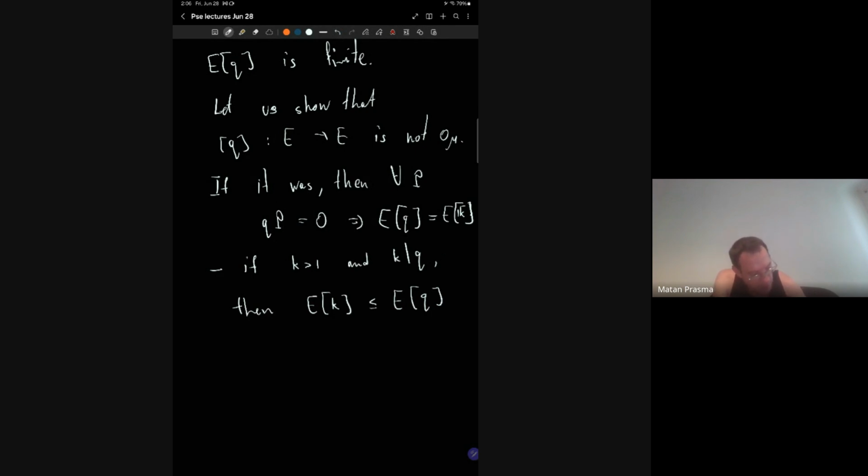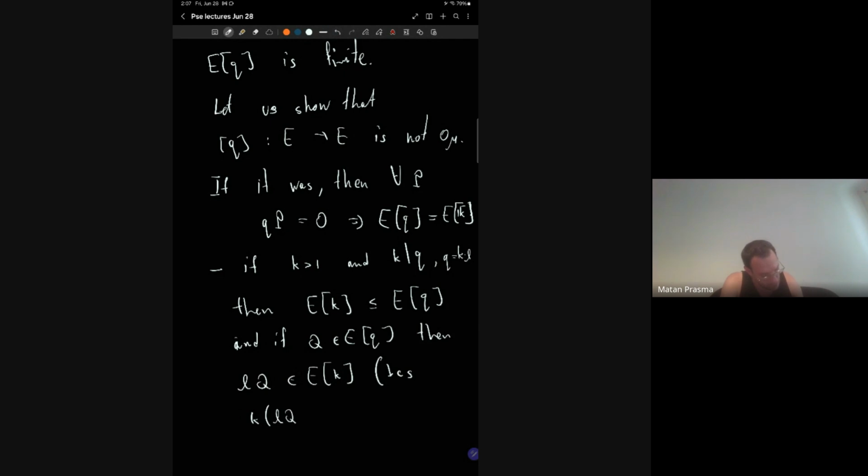So let's say Q is equal to K times L. If Q is in E[Q] and I multiply it by L, I get something in E[K], because if I multiply LQ by K, then I get QQ, which is 0.